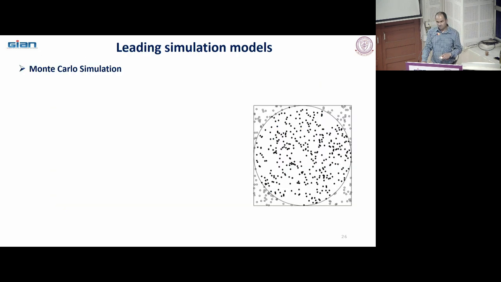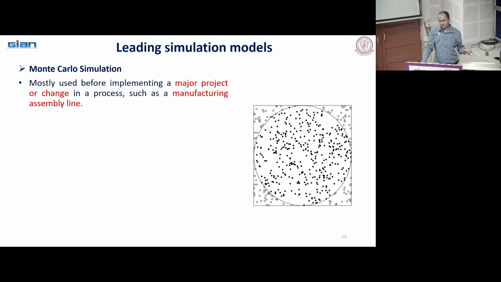First one is the Monte Carlo. Any idea how it works? What do you need for Monte Carlo simulation? We need the input and output of your system, whatever the historical data.